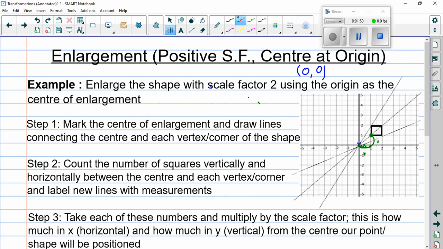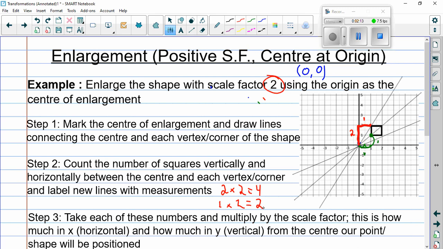Then here, to get up to this, where we can draw little horizontal and vertical lines, we know we're 2 and 1. So with our scale factor of 2, we have 2 times 2 is equal to 4, and 1 times 2 is equal to 2.